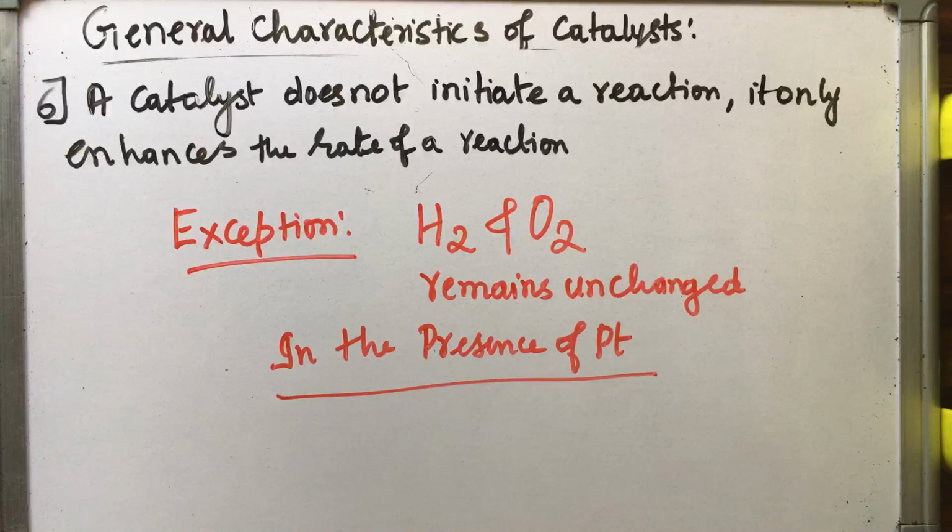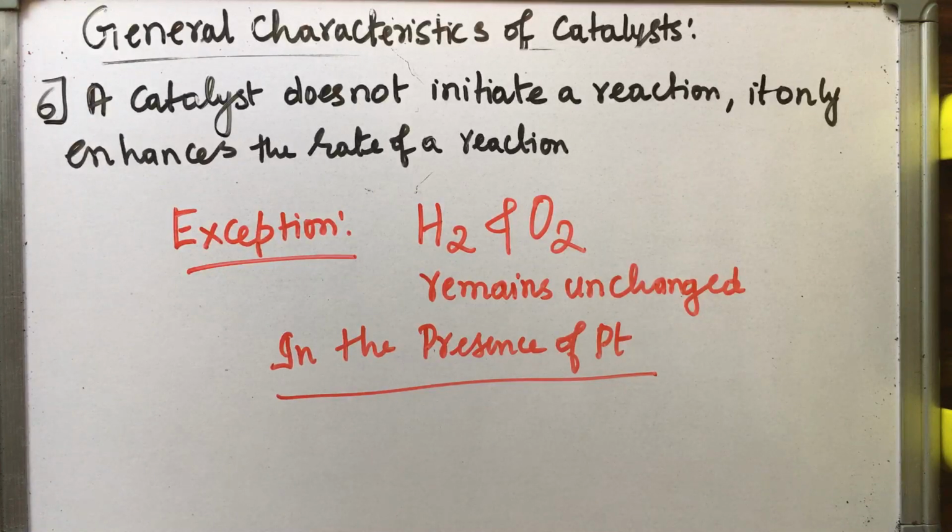So these are certain important general characteristics of the catalyst. Let me tell you the important points that we have studied about the general characteristic properties. Point number 1 is catalyst is always regenerated, that we have already studied. You can go back to what you have written, students.